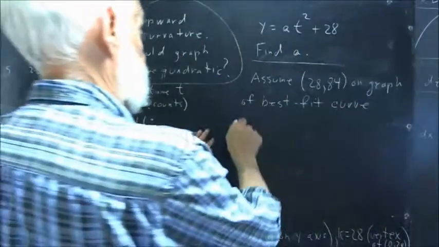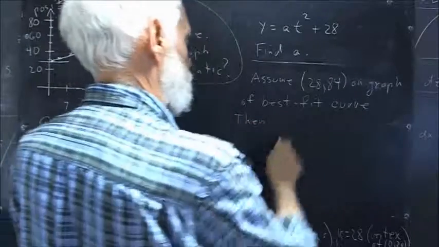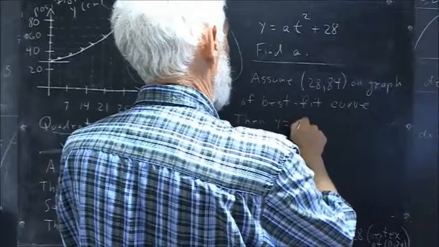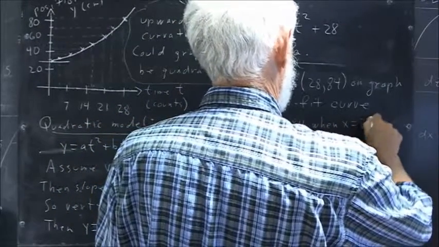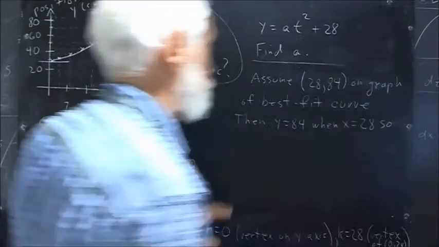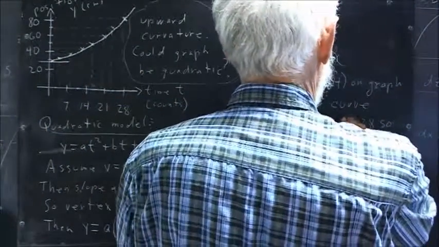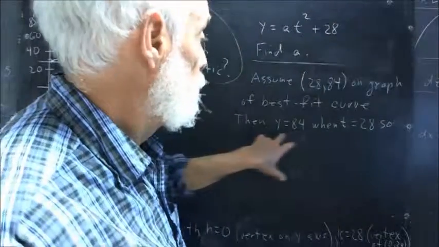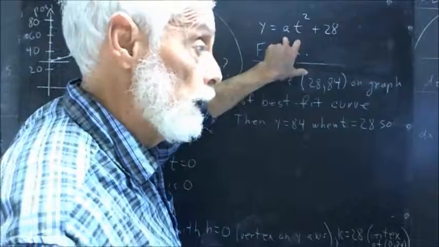Okay, then y equals 84 and t equals 28. So we can put these y and t coordinates into this formula and solve for a.